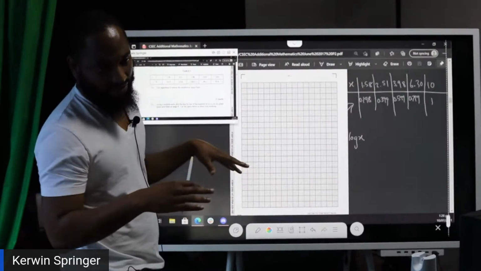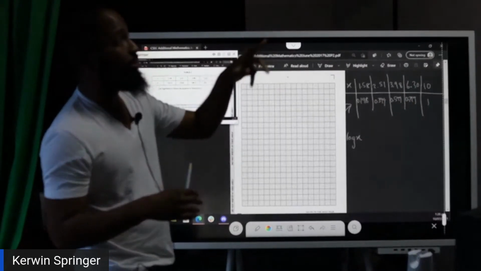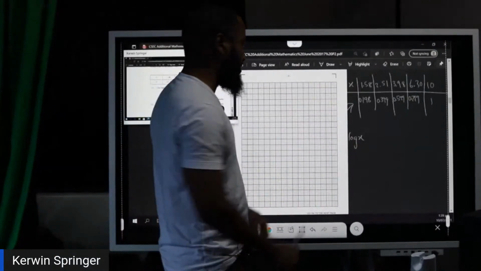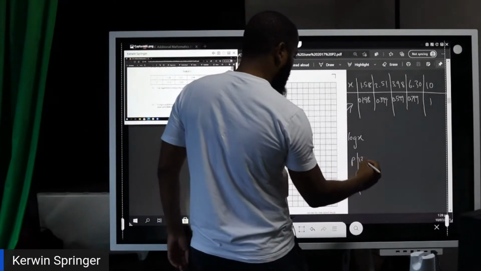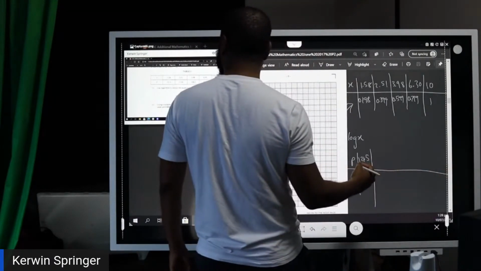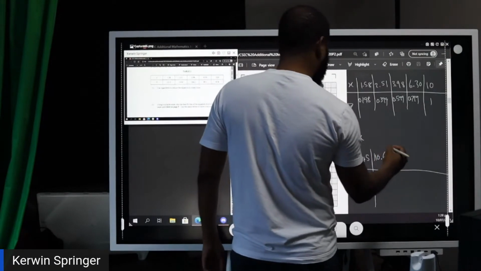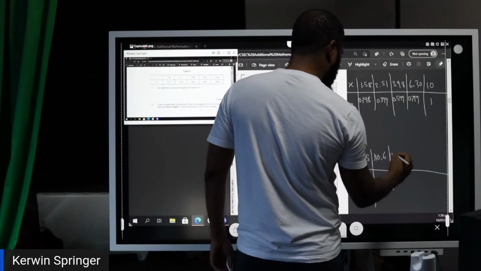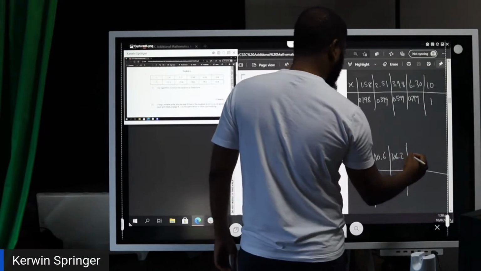We want a linear graph, so we need log X. Same thing with P. I'll get the values of P while I'm writing it out now. 110, the log of P. 106.2, 99.1.